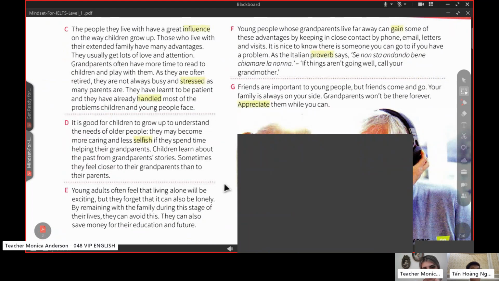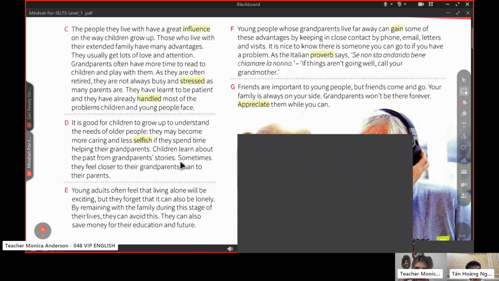They usually get lots of love and attention. Grandparents often have more time to read to children and play with them, as they are often retired, so they are not always busy and stressed as many parents are. They have learned to be patient and they have already handled most of the problems children and young people face.